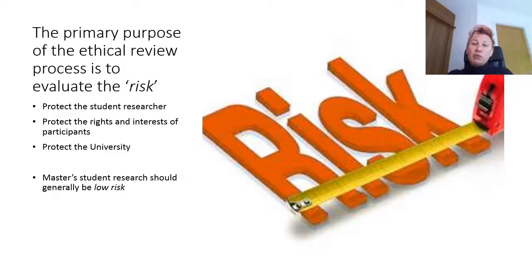The ethical review process also ensures that the rights and the interests of participants or potential participants are protected. The university also has to be protected from any potential legal issue that may arise, and also any potential for reputational damage that may arise as the result of the unethical conduct of a research project.